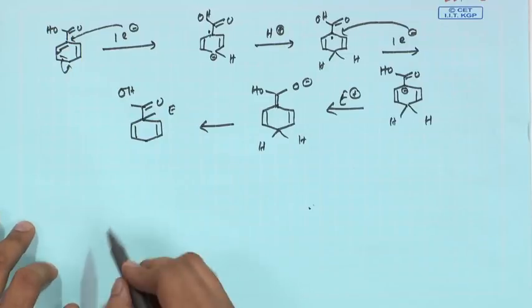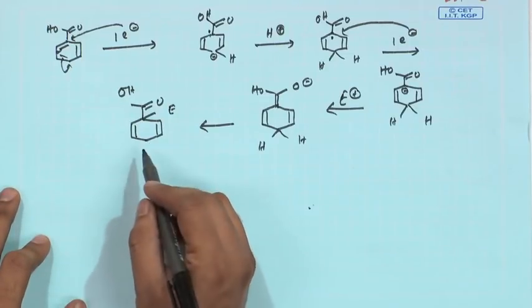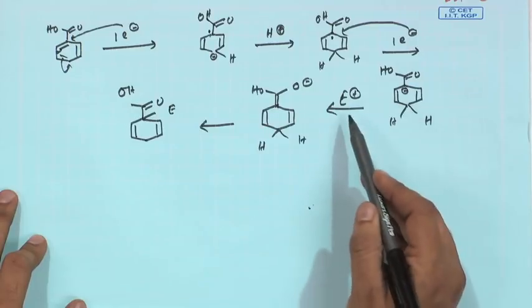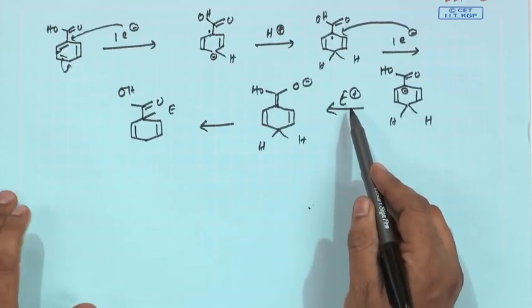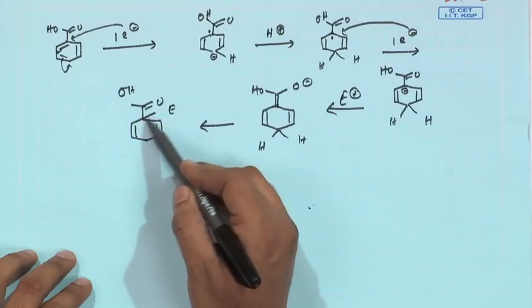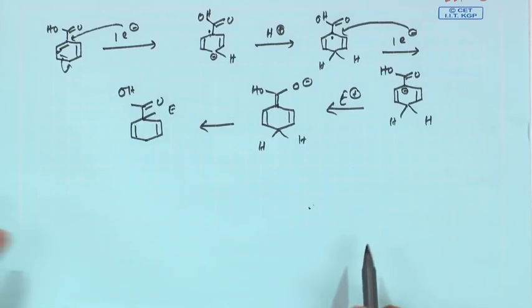So, Birch reduction, if you do it with an electron withdrawing group like a carboxylic acid group, and you simultaneously treat with an electrophile like methyl halide, any alkyl halides, you can get a carbon electrophile bond here. Our next problem is based on this particular strategy.